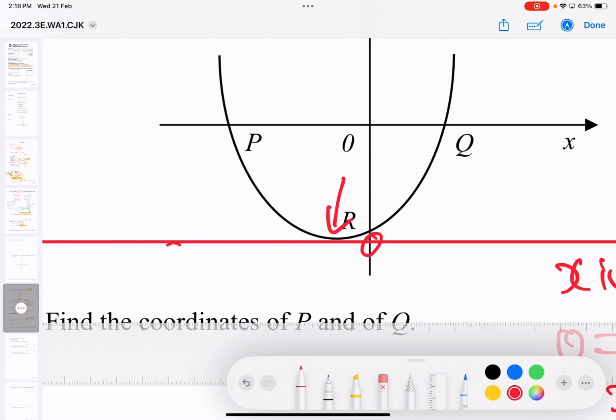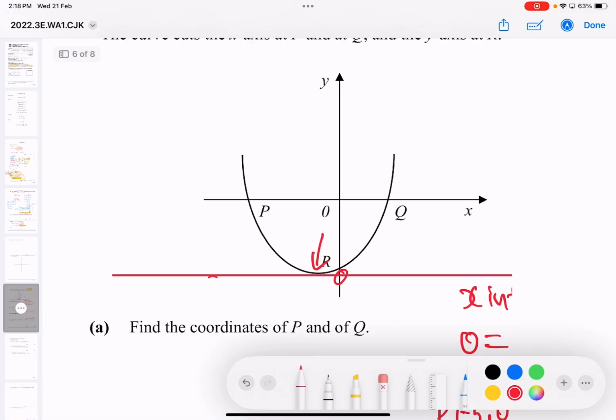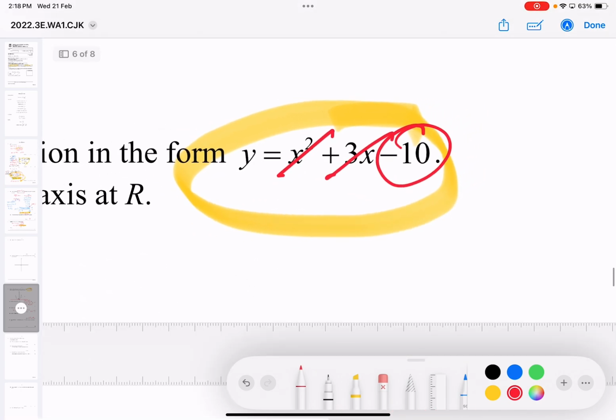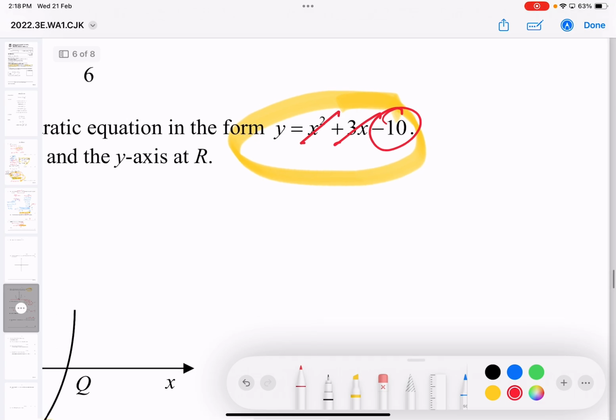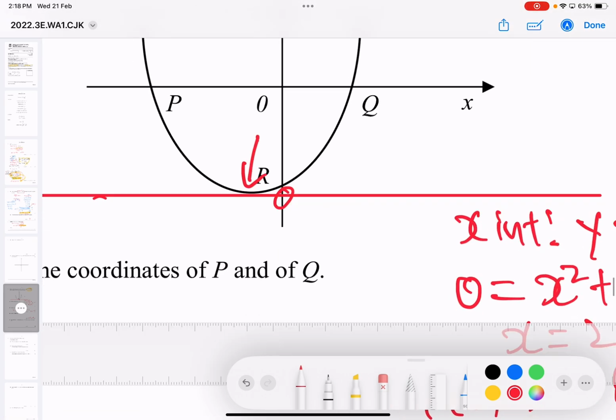So how do you find the coordinates of the turning point? You sub the line of symmetry into the equation. The line of symmetry and the turning point are different. The line of symmetry will cut through the turning point, but they are different.